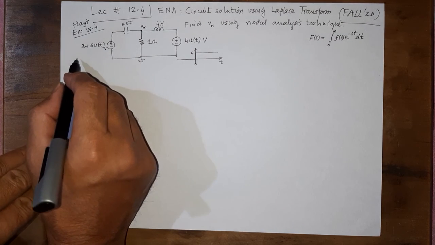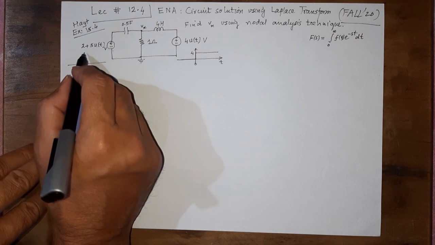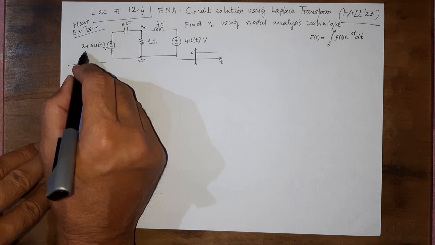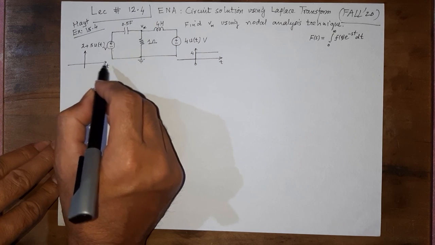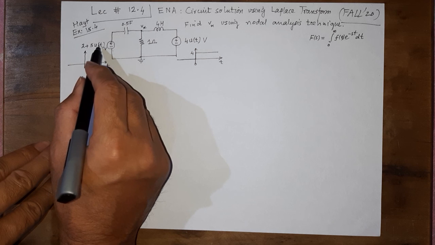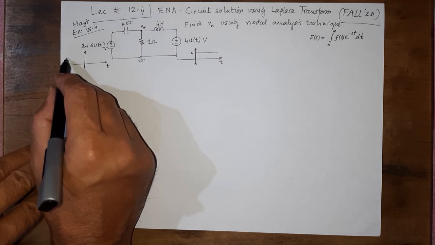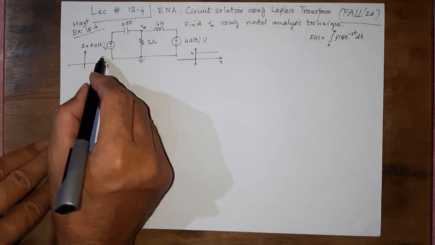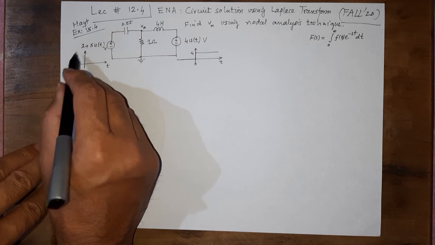And what about this one? So if we want to plot this against time, it is saying that this ut is not multiplying 2. So it has always been 2 when 5 ut gets added to it.